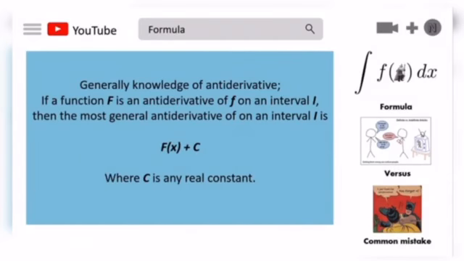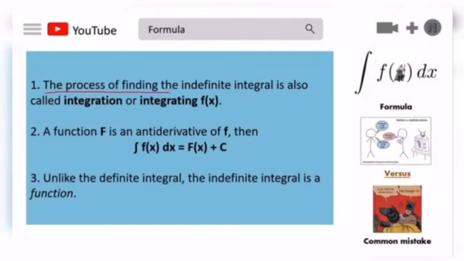Generally known as the antiderivative: if a function F is an antiderivative of f on an interval I, then the most general antiderivative of f on I is F(x) plus c, where c is any real constant. The process of finding the indefinite integral is also called integration or integrating f(x).